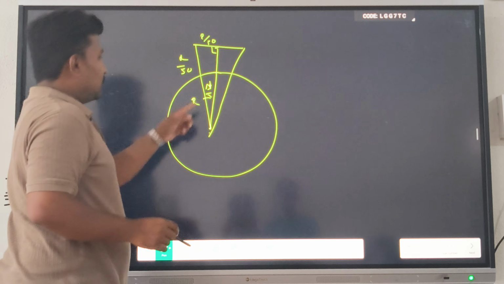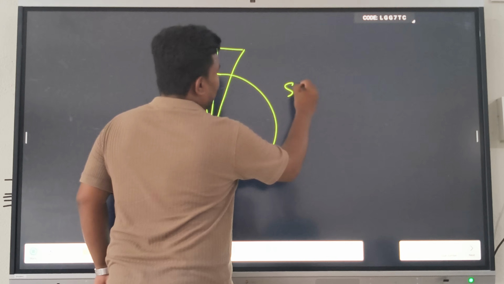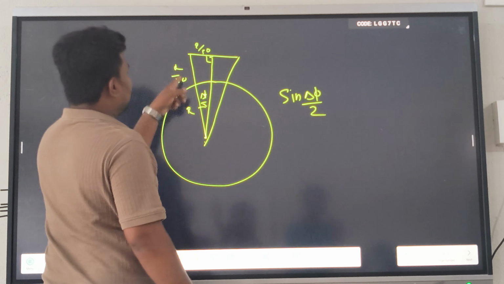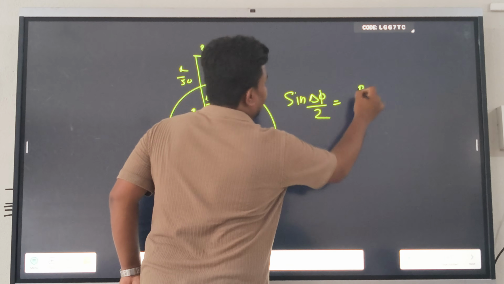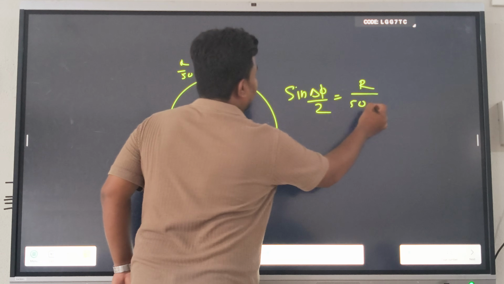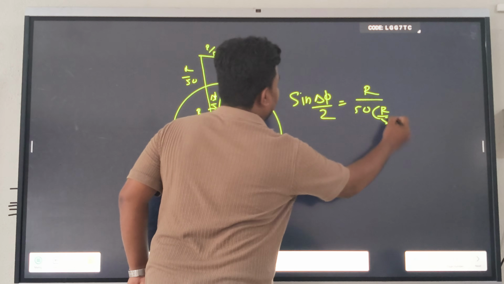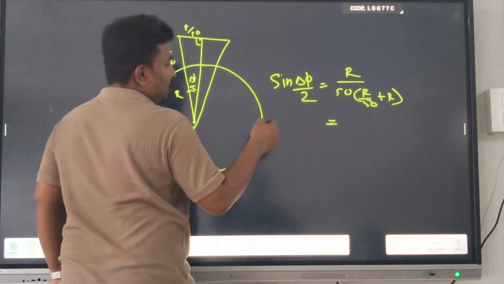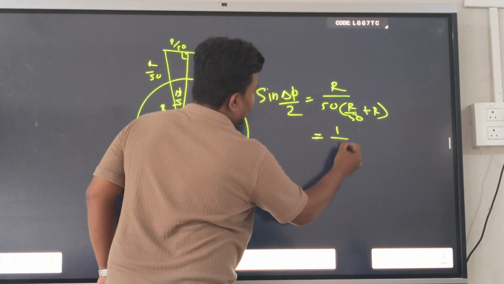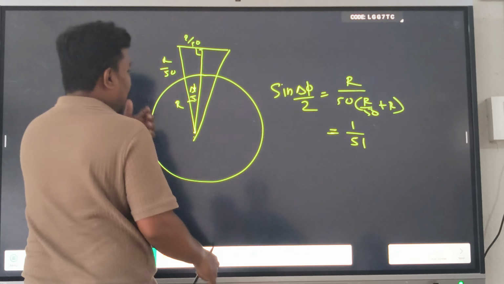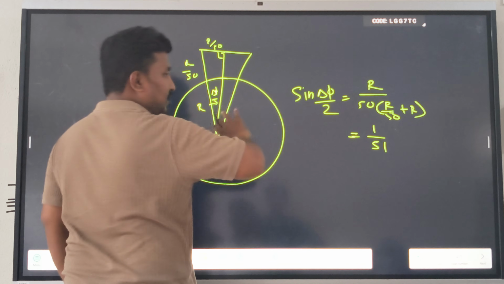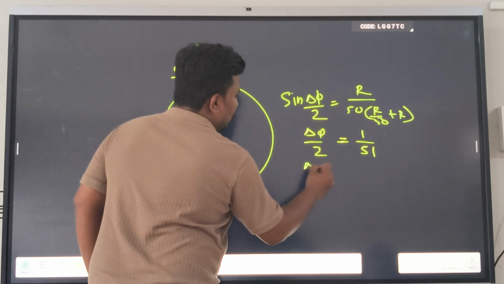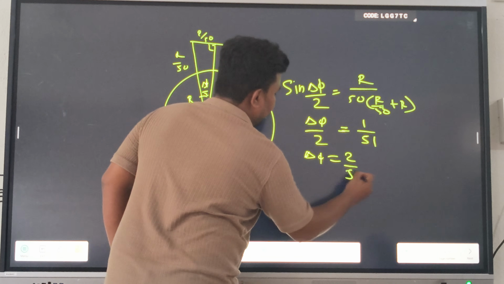From here, sine delta phi by 2 is opposite by hypotenuse, that is R by 50 divided by R by 50 plus R, which exactly gives me 1 by 51. It is given in the question that sine theta is approximately theta, so this becomes delta phi by 2. So delta phi is 2 by 51.